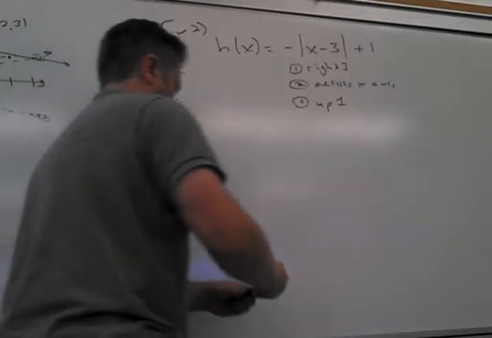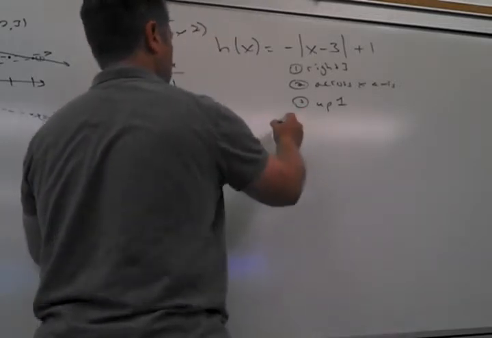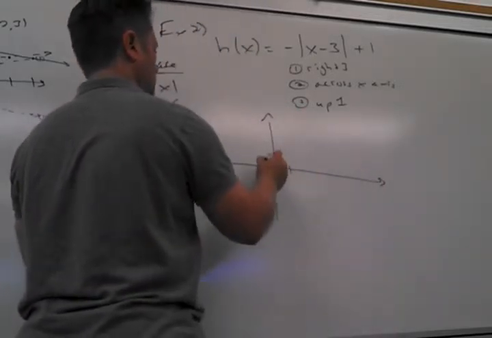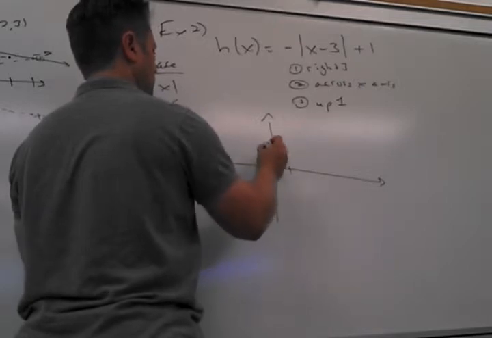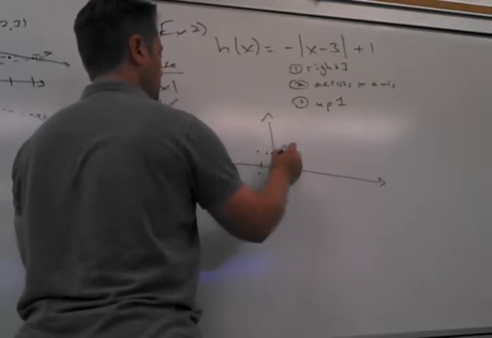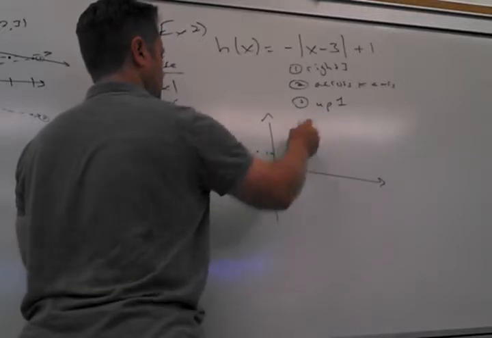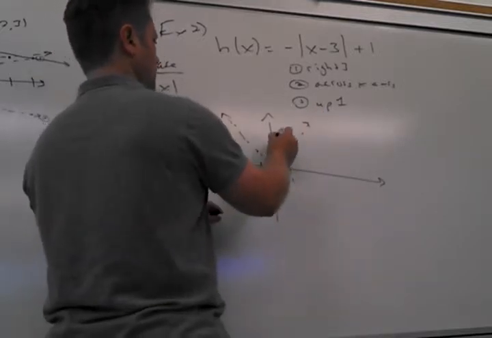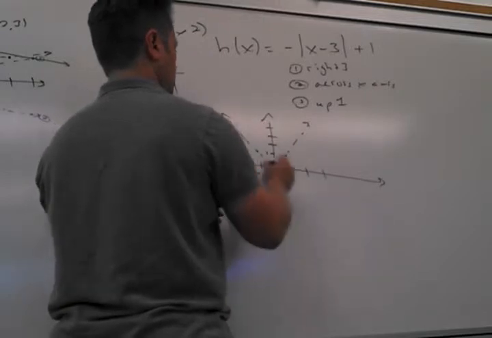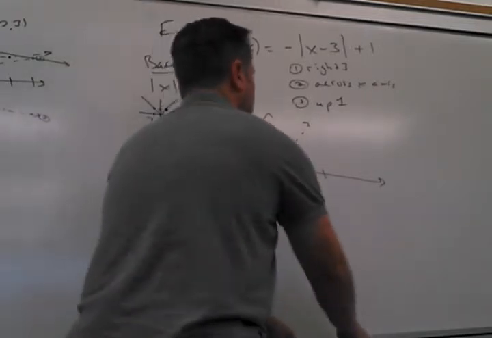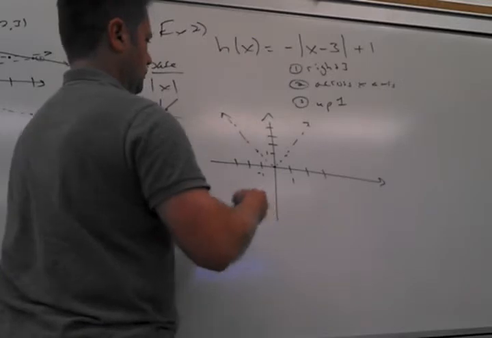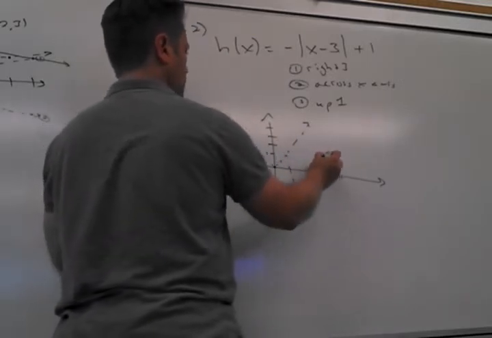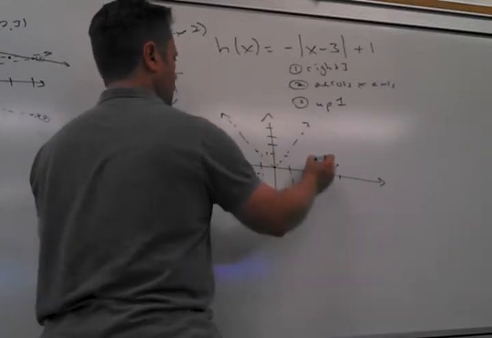Alright, and then, let's see here. 0, 0, 1, 1, negative 1, 1. Here's my base function. Then I apply my shifts. Right 3, so 1, 2, 3.